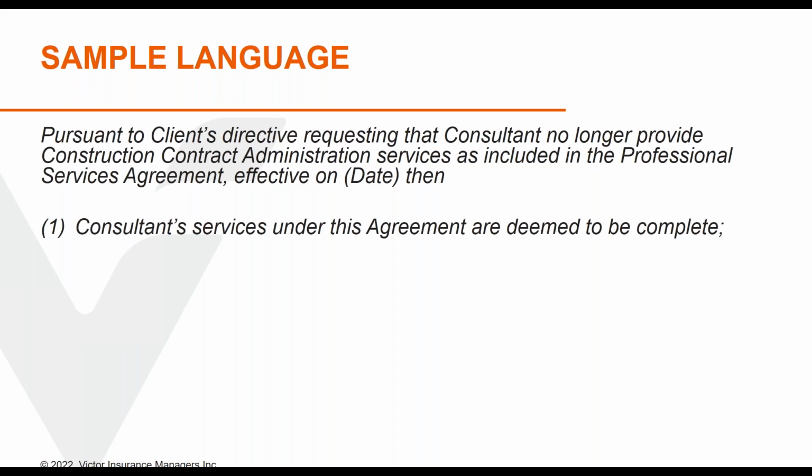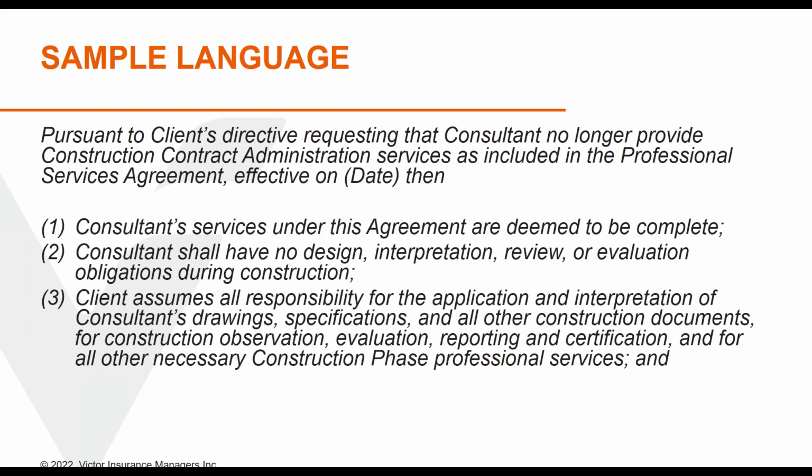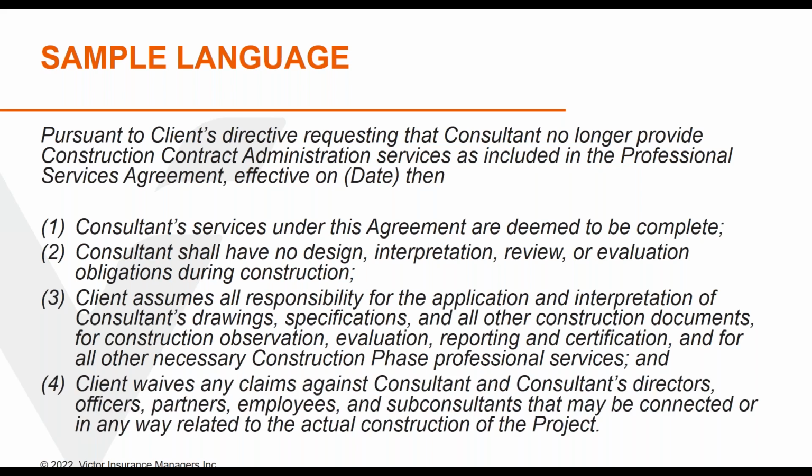services, number one, are deemed to be complete, right? We're done. That's what you want, client. This is what the addendum says. That I will have no design, interpretation, review, or evaluation obligations during construction. And that client will assume all of these responsibilities that go along with such termination, with the fact that I no longer have construction phase services.